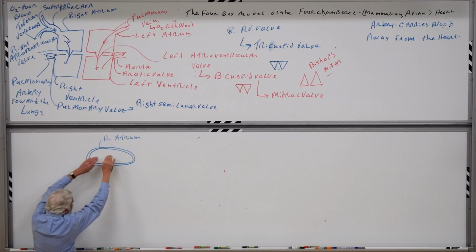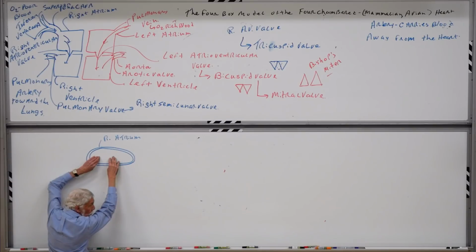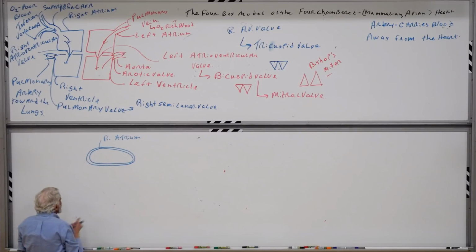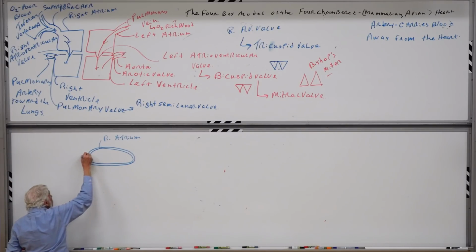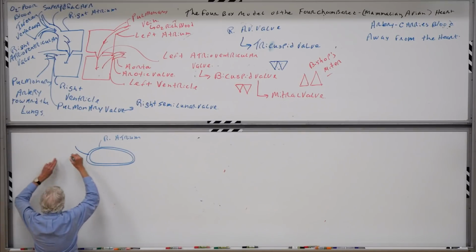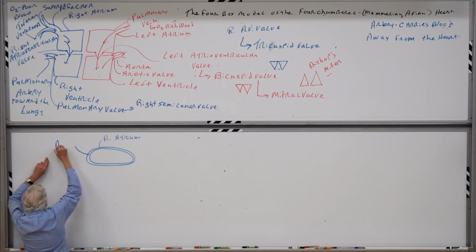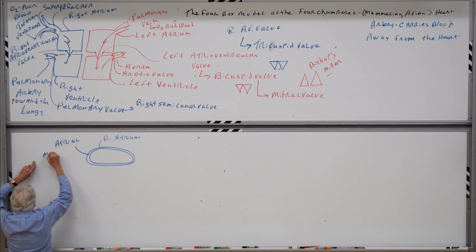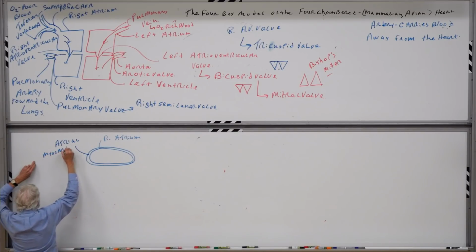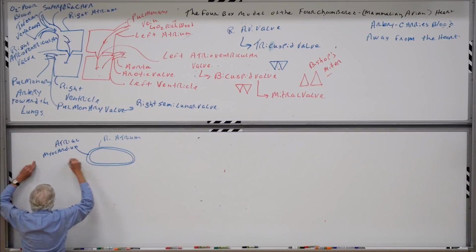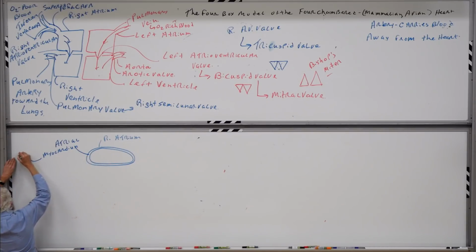Now again, this region in here, that's the chamber, that's the open room. This structure here is the atrial myocardium. The myocardium is the heart muscle.